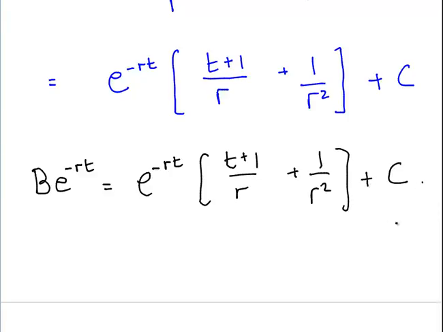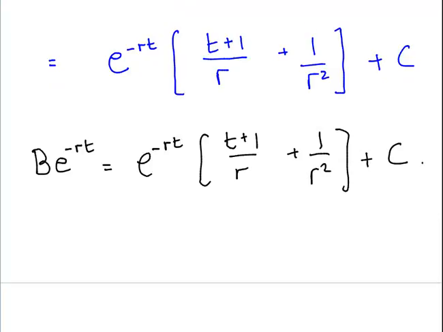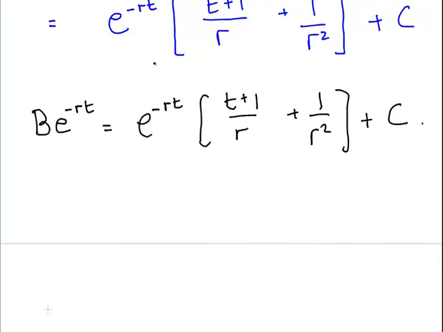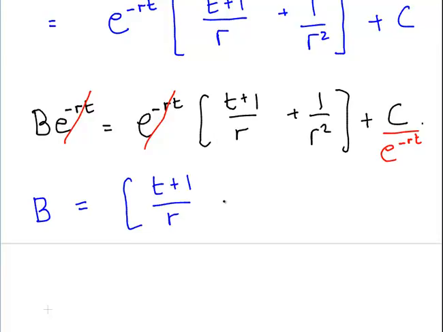Okay, now let's be careful with that c from now on. You notice that we have e to the minus rt, that we can try to cancel out. We can cancel it out there, cancel it out there, but we have to divide it there. Be very careful about that. So b is equal to t plus 1 over r plus 1 over r squared plus c over e to the minus rt.